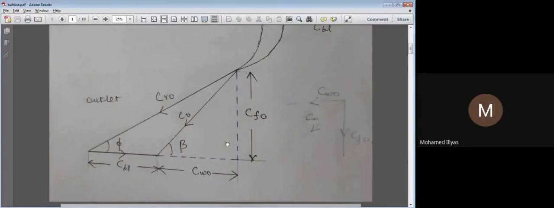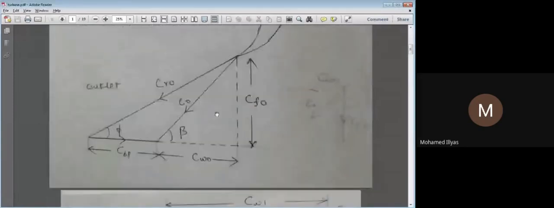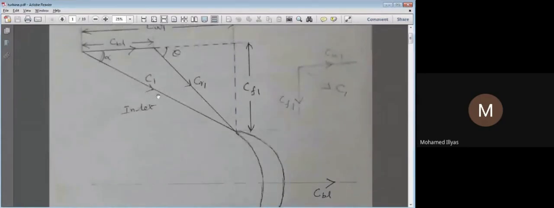Whatever we have at the inlet, we have at the outlet also. These we call the inlet velocities and inlet angles, and these the outlet velocities and outlet angles. So this is all about the velocity triangles of the inlet and the outlet for the impulse turbine. Let us recall our velocities, because this is very important; only then can you solve the problems easily.